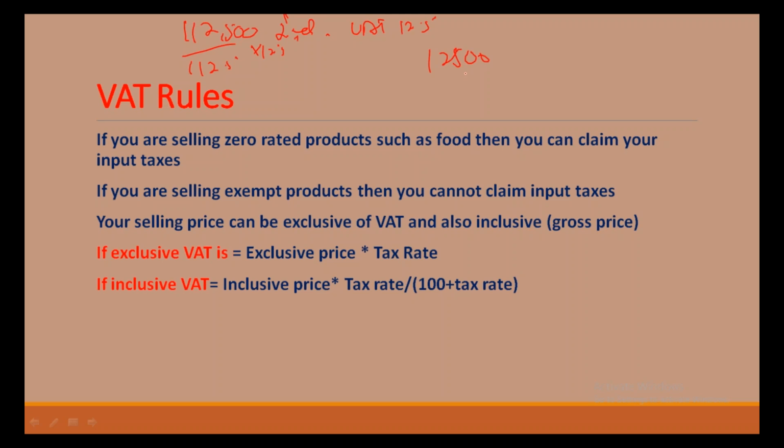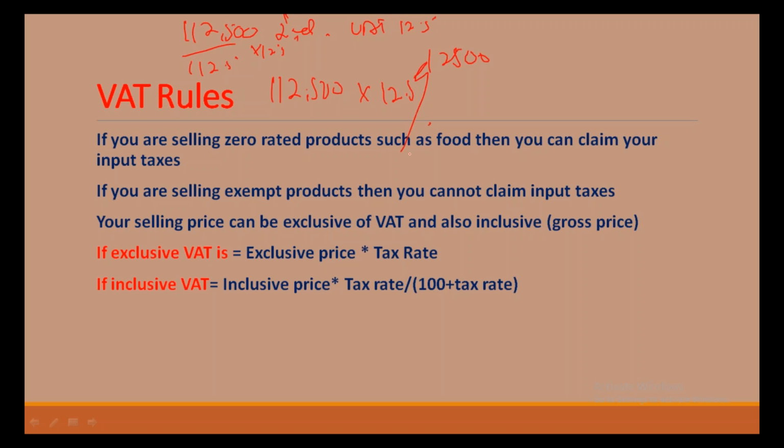So if they say 112,500 excluding VAT, then to get your VAT, it should be multiplied by 12.5% to find the VAT figure. If they say including VAT, then you have to divide it by 112.5 times 12.5 to find out the VAT. So just see what the examiner is telling, whether he is telling exclusive of VAT or inclusive.